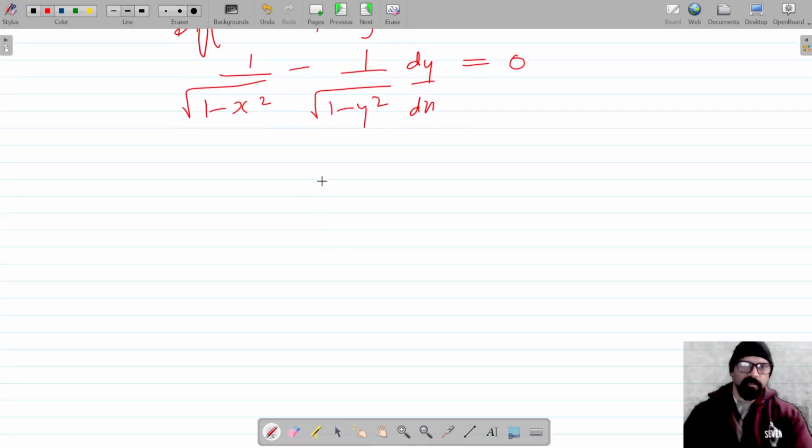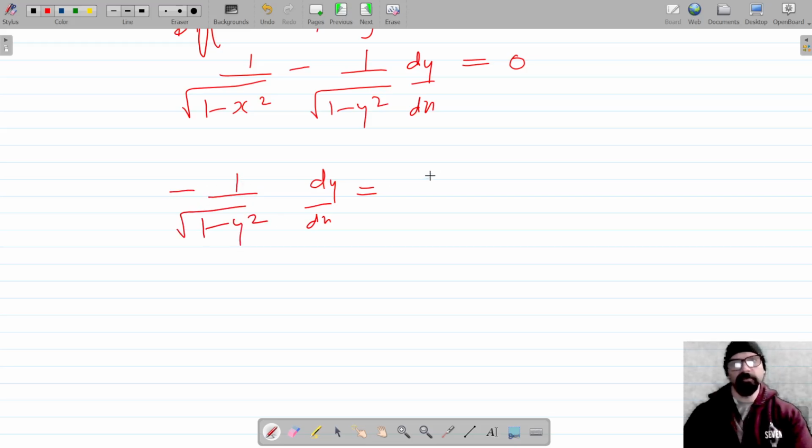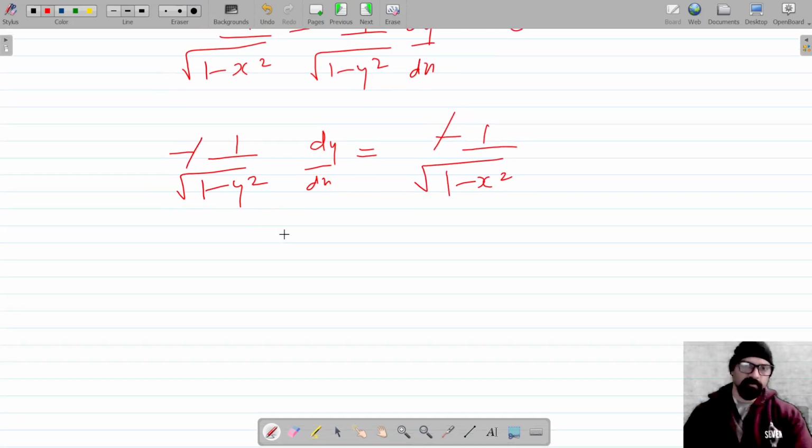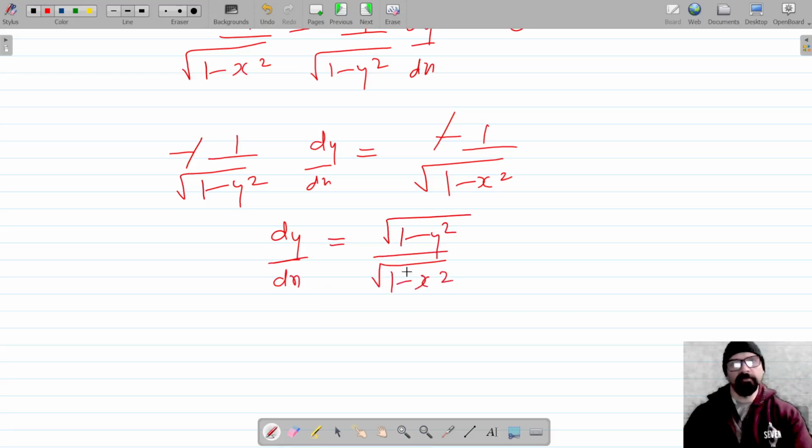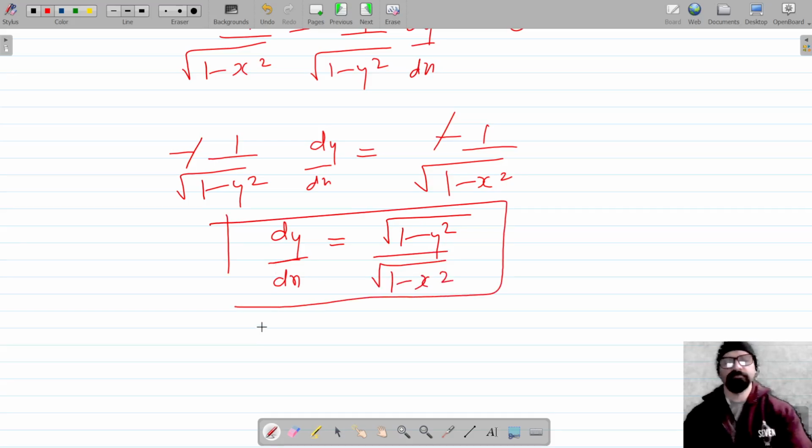Okay, so if I rearrange this, negative 1 upon under root of 1 minus y square dy by dx is equal to negative 1 upon under root of 1 minus x square. This gets cancelled, and dy by dx is equal to under root of 1 minus y square upon under root of 1 minus x square. Okay, so this is what was asked to prove.